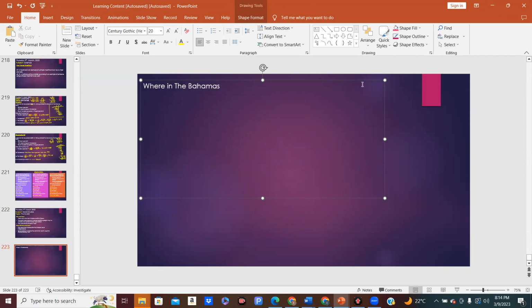Who said that? Alejandro, okay. Where in the Bahamas did the loyalists settle? The loyalists settled mostly in Abaco and Eleuthera. Yes, ma'am. Mostly.